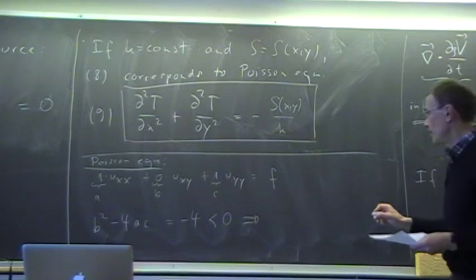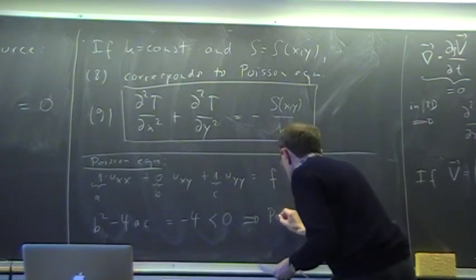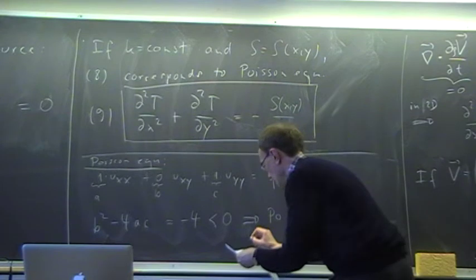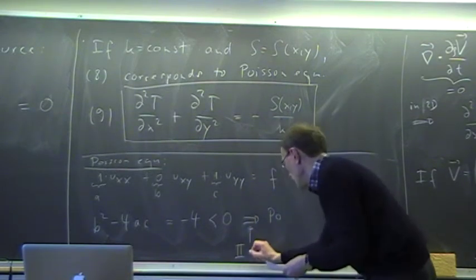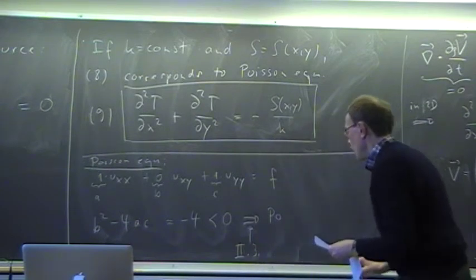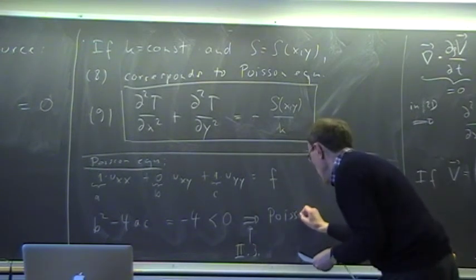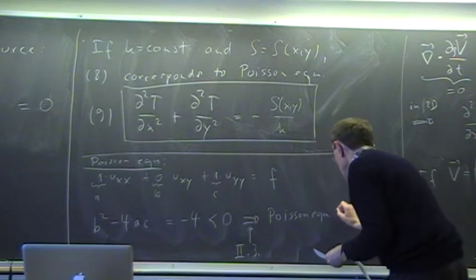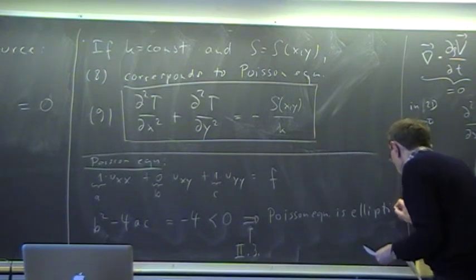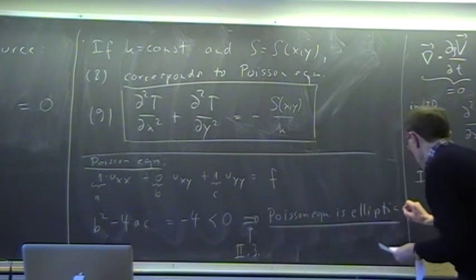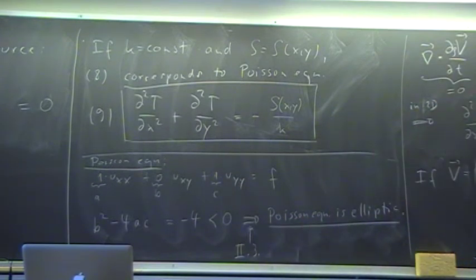That is the criterion, which we discussed in chapter 2, section 3, if you want to look back. So the Poisson equation is elliptic. Then we have characterized its mathematical character.